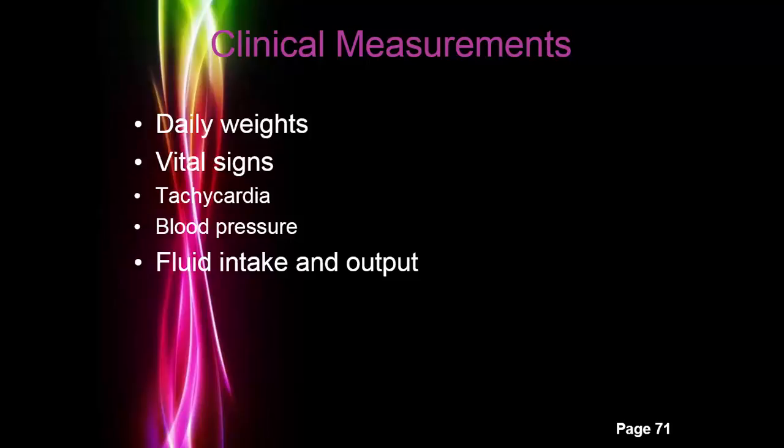Vital signs and fluid and electrolyte and acid-base balance are important. Any changes in those, like tachycardia, could be an early sign of hypovolemia. Blood pressure is sensitive in detecting blood volume changes. For example, it decreases with fluid volume deficit or hypovolemia.